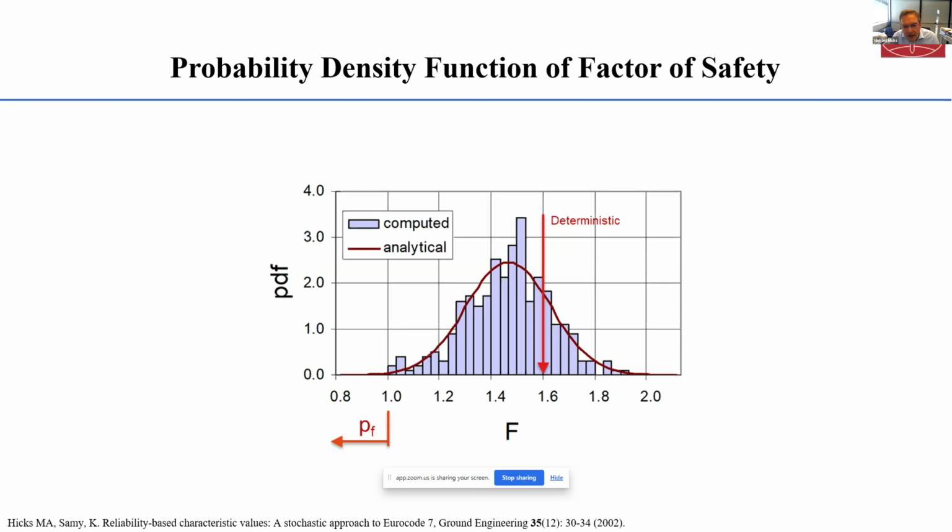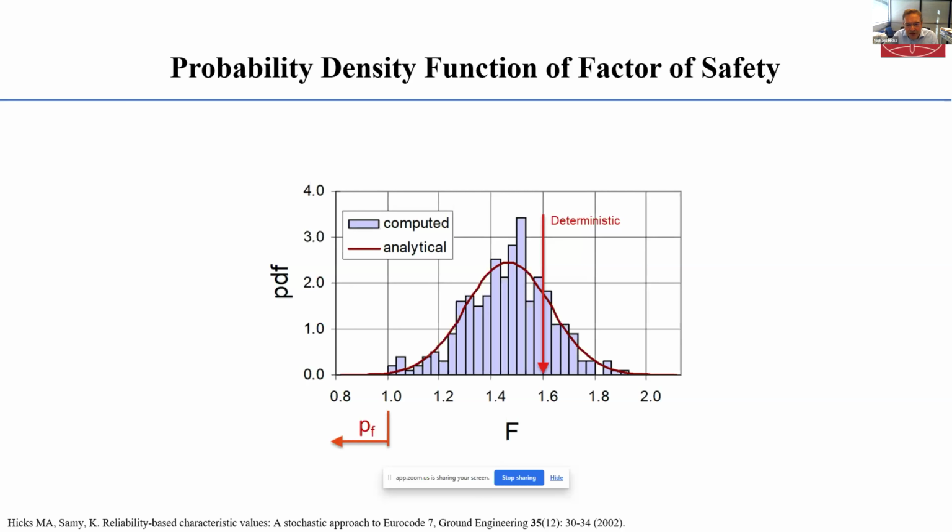However, if we constrain the predictions of spatial variability by on-site data, for example, at the location of CPTs, or if we carry out additional CPTs, this reduces our uncertainty in the spatial variability at the site. And so what it means is that when we carry out this analysis, the probability density function of factor of safety will get narrower.